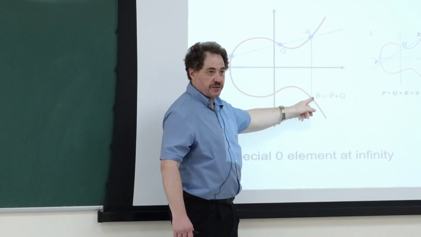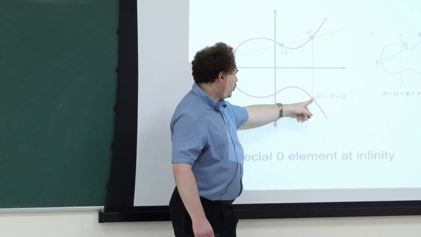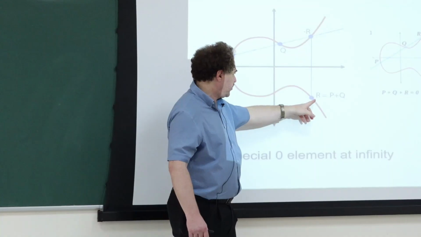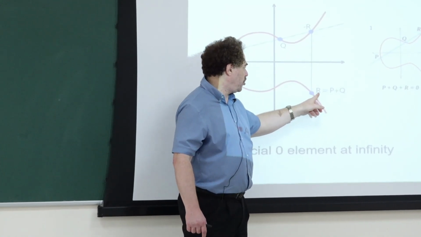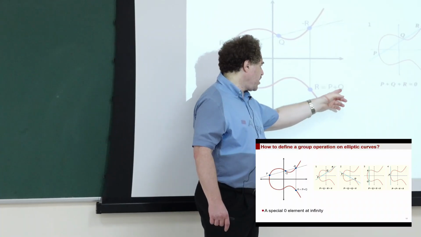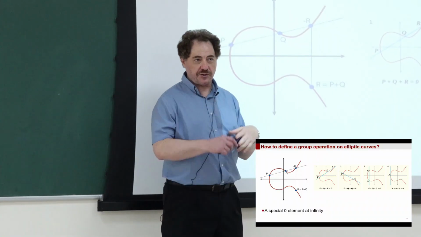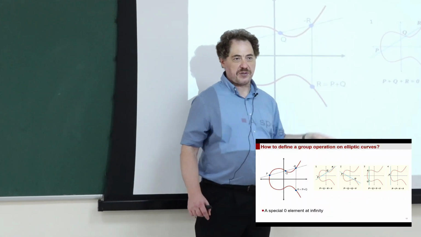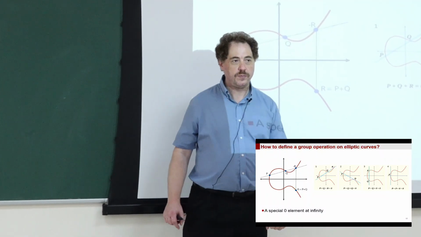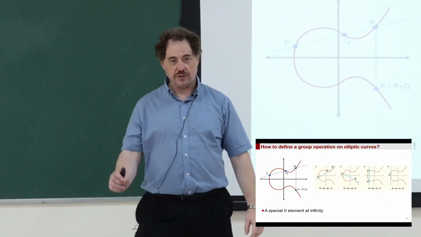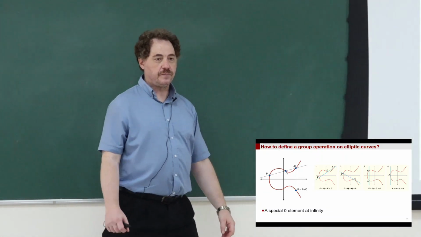We are finding this point at the end. This is the result of the operation. If it would be denoted as a summation, it would also be called multiplication. I mean, using the plus sign, but we could use any other sign, right? Of P and Q. That's the main operation with the elliptic curve.